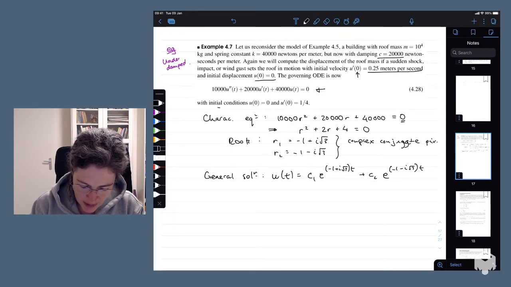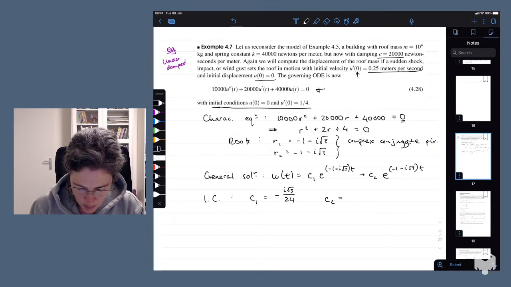So let's just carry on looking. We want to find our specific solution with these initial conditions. You can plug in and find c1 is equal to minus i root 3 over 24, and c2 is i root 3 over 24.